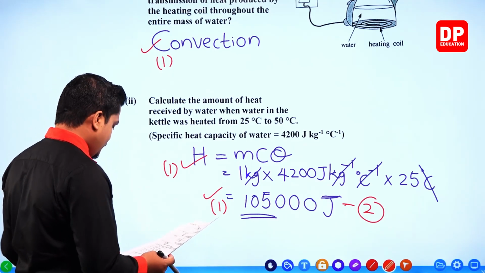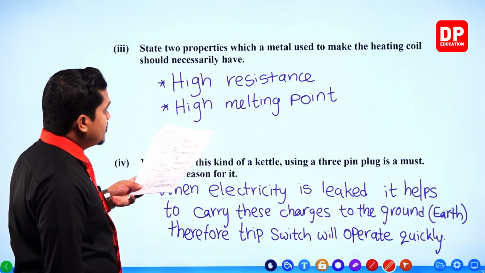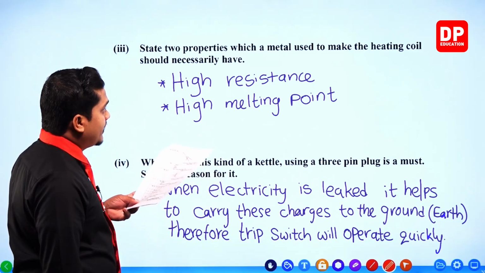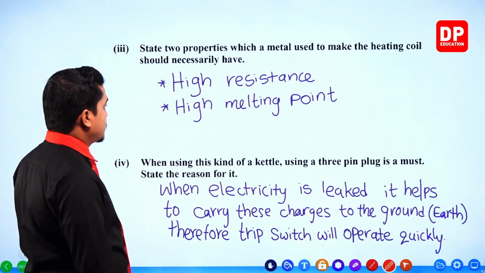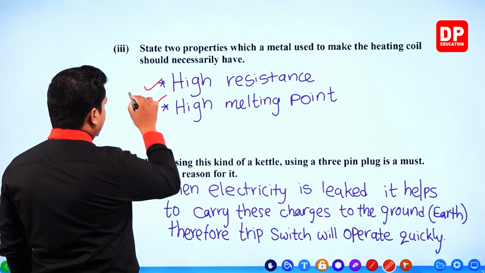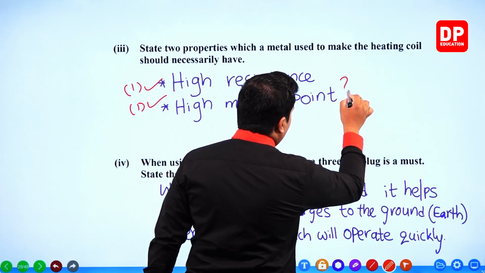Then my dear children, for writing down 2 important features of heating equipments or heating coils, they have given 2 marks, 1 each, okay?